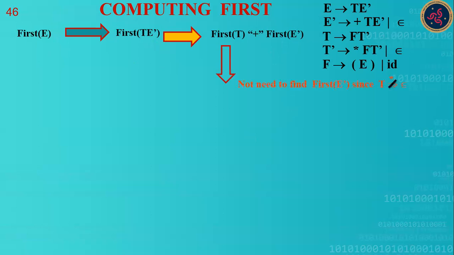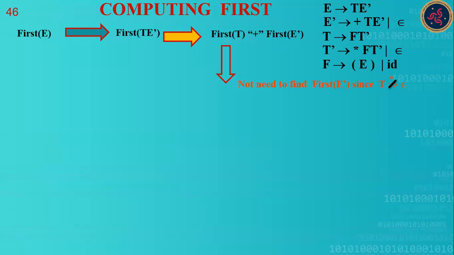We need not take the first of E prime, since T never derives epsilon after any number of productions. Here the star represents zero or more times of derivation. So T never derives epsilon, and therefore we can avoid first of E prime and just take first of T.